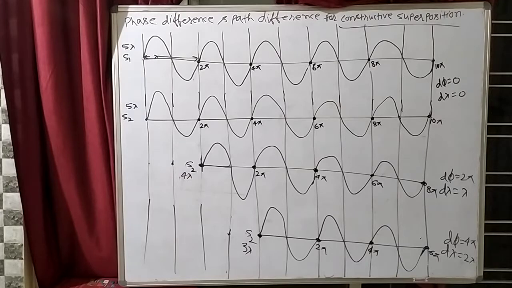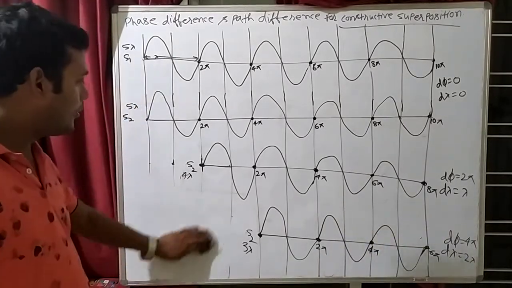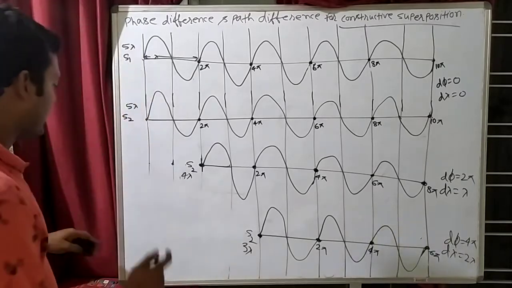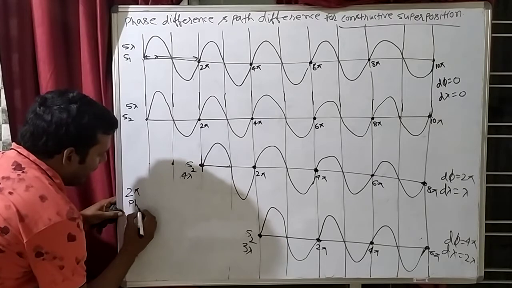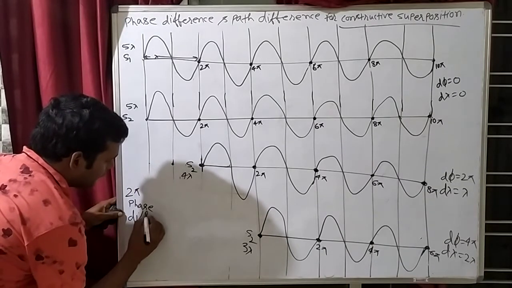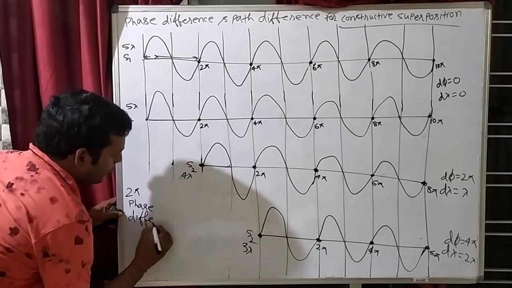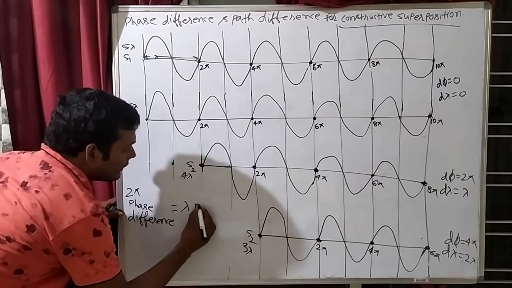Now we can make a conclusion here. On the basis of this, we can make a conclusion. What conclusion will I make? I have less space, so I am using this. Can we write that 2 pi phase difference is equal to lambda path difference?